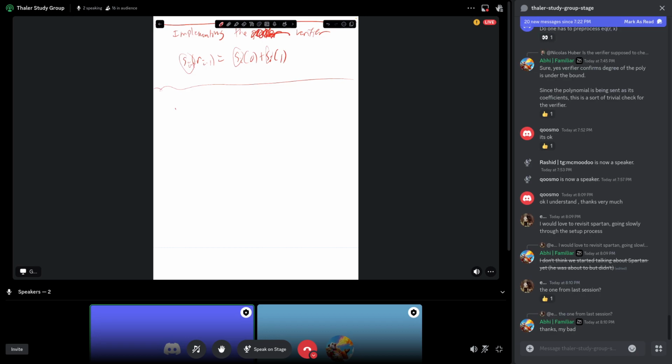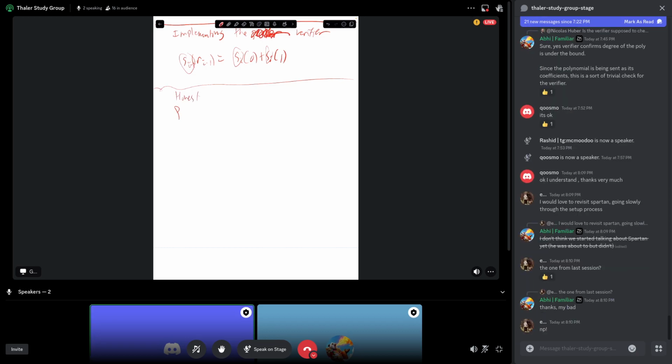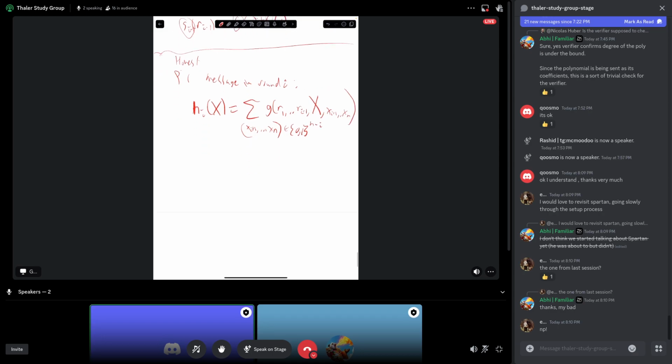So if you look at the honest prover's message in round i, the honest one I called H_i(X), that was the sum over x_{i+1} up to x_n in {0,1}^{n-i} of g(r_1, up to r_{i-1}, X, x_{i+1}, up to x_n).